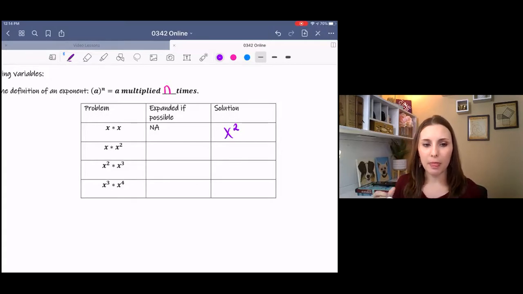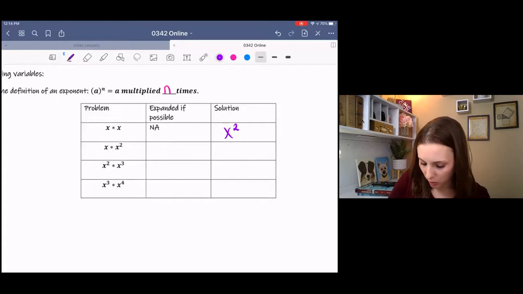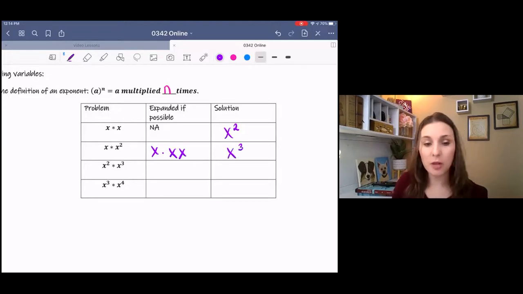And then x times x squared: by definition, x squared is x being multiplied twice. So we have x times x times x, for a total of x being multiplied 3 times.